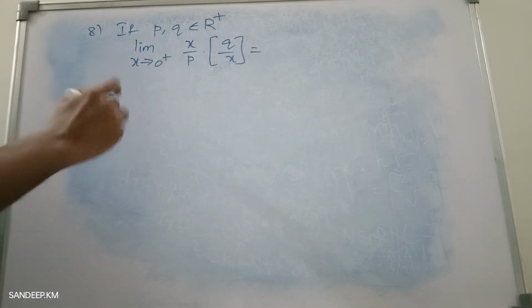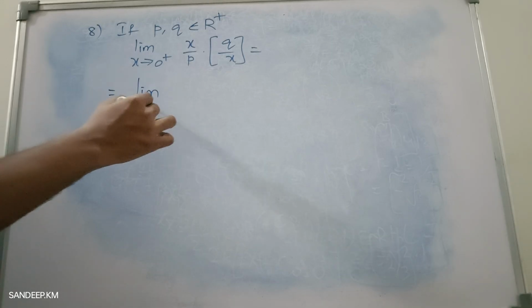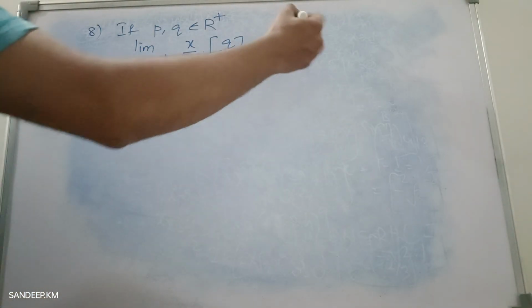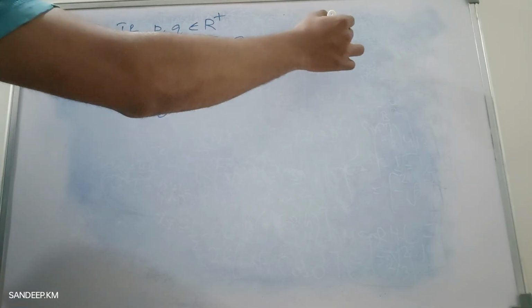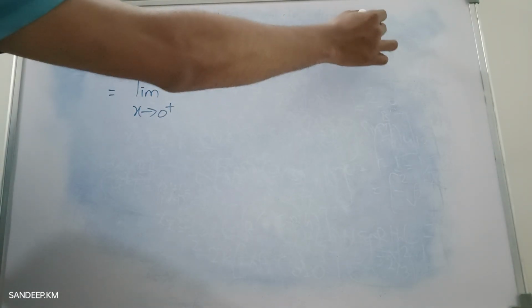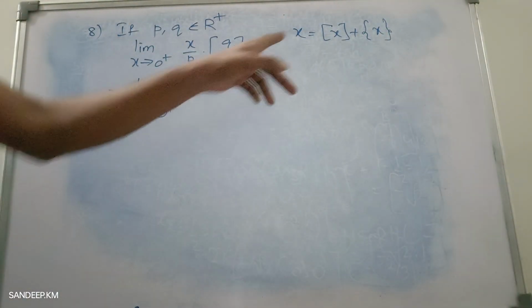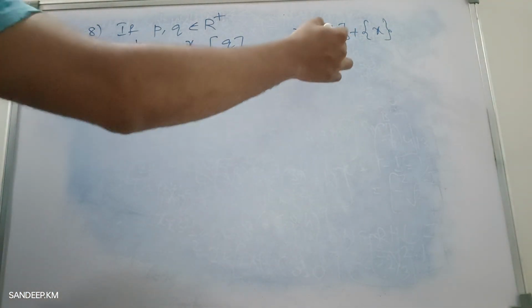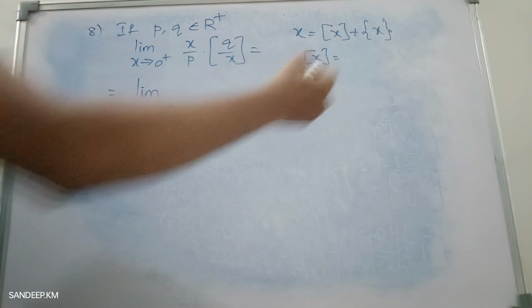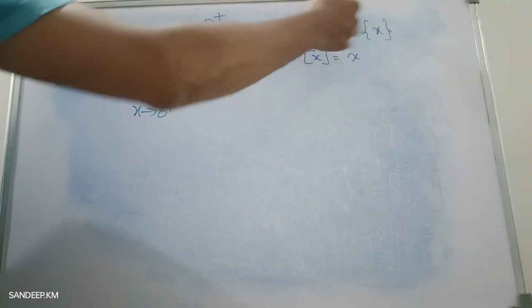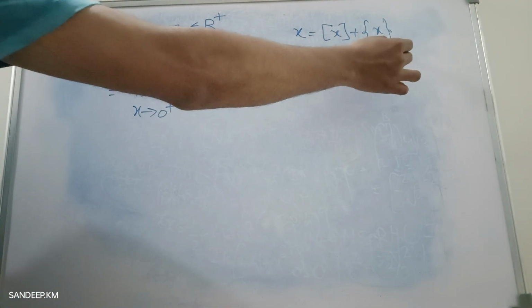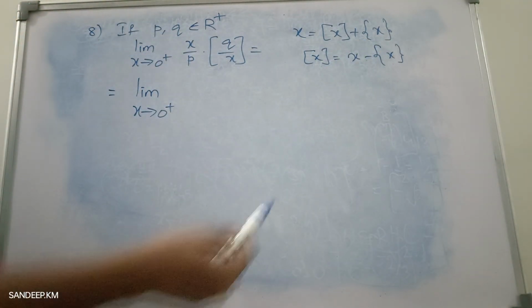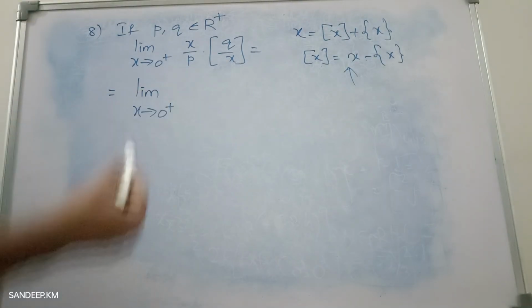What I'm going to do is, dear students, limit x approaches 0 plus as it is, and we know that any real number x is equal to its integral part plus its fractional part, correct or not? x is equal to step x plus fractional part of x. Similarly, step x is equal to x minus fractional part of x. From the number, if you subtract its fractional part, you will get its integral part. I will use this definition while solving this question.